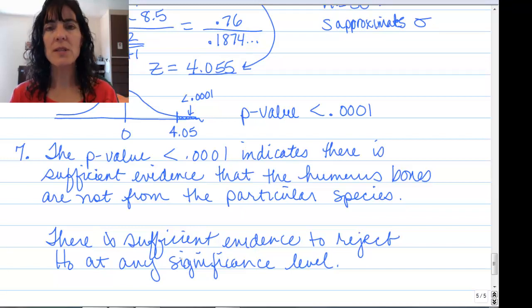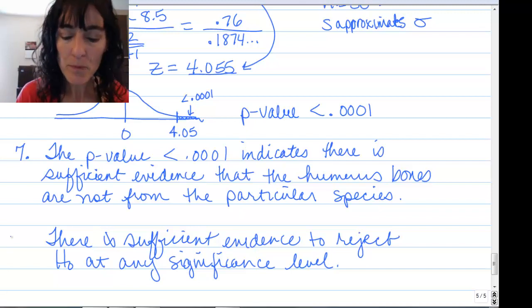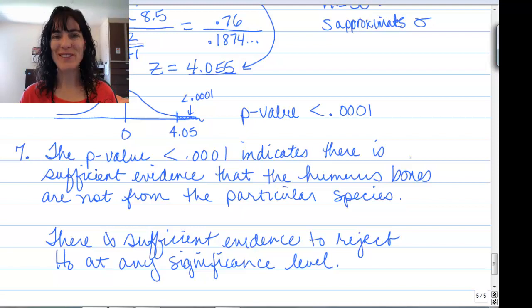There were 41 bones they found, and then they compare it to the known species, and then they're saying, this one's way too far off, it can't even be chance, these are not from that particular species, it has to be a different one. Okay, so that's how we write our conclusions for those.